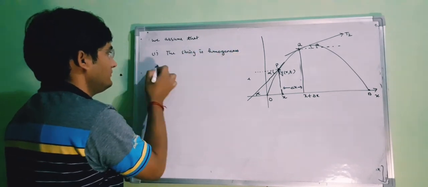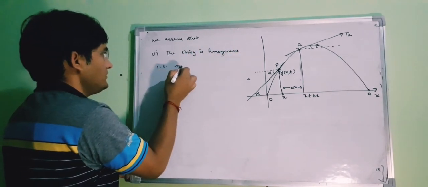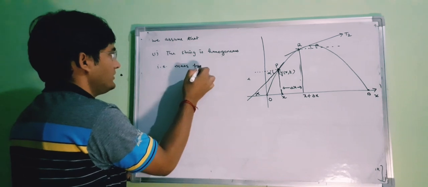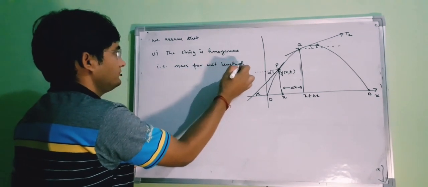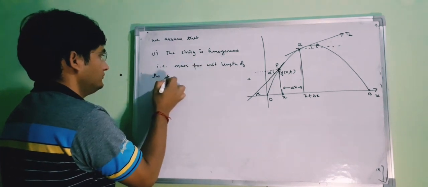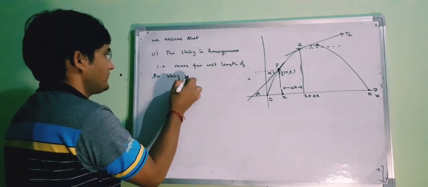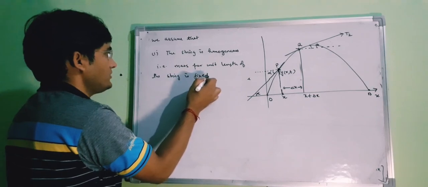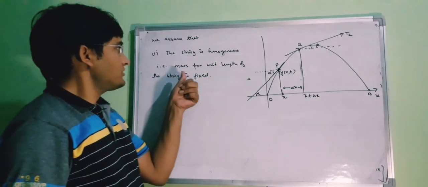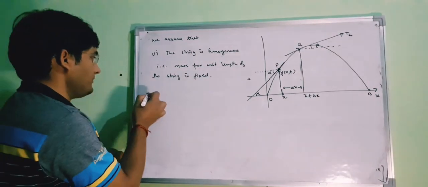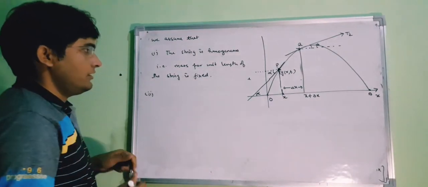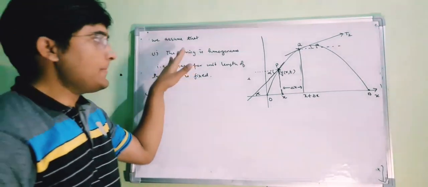That means the mass per unit length of the string is fixed. So let us assume that the mass per unit length of the string is fixed.